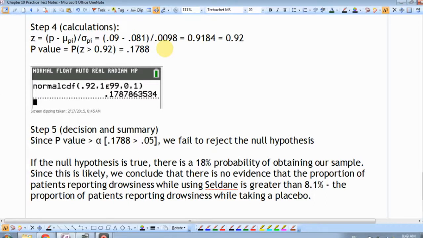Alright, so there's no evidence that the proportion of patients reporting drowsiness while using Seldane is greater than 8.1%, which would be the proportion of patients reporting drowsiness while taking a placebo treatment.